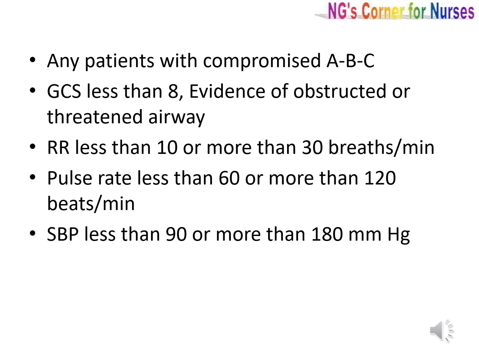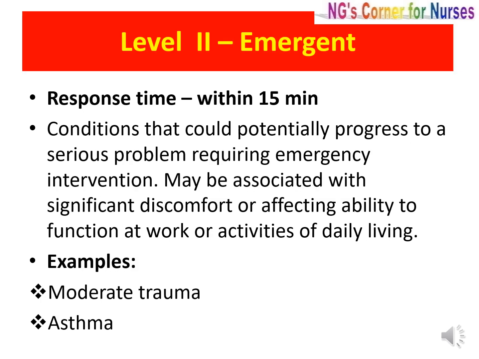Any patients with compromised airway, breathing and circulation, Glasgow Coma Scale less than 8, evidence of obstructed or threatened airway, respiratory rate less than 10 or more than 30 breaths per minute, pulse rate less than 60 or more than 120 beats per minute, systolic blood pressure less than 90 or more than 180 mm of Hg.